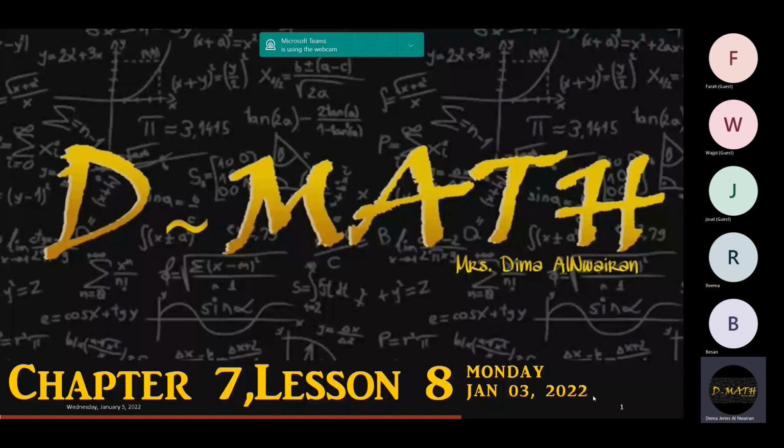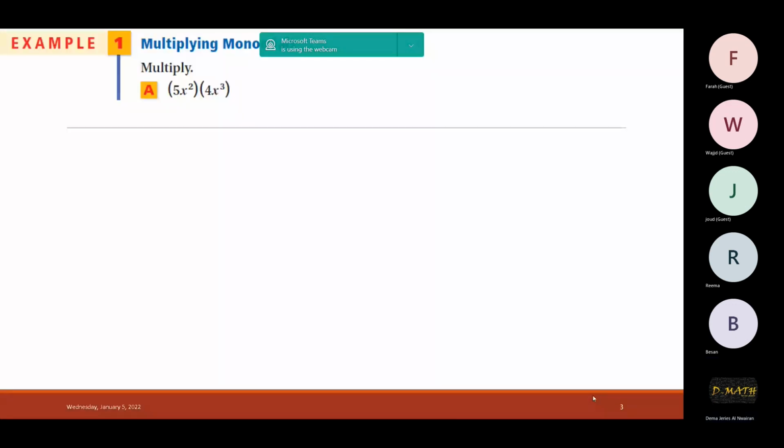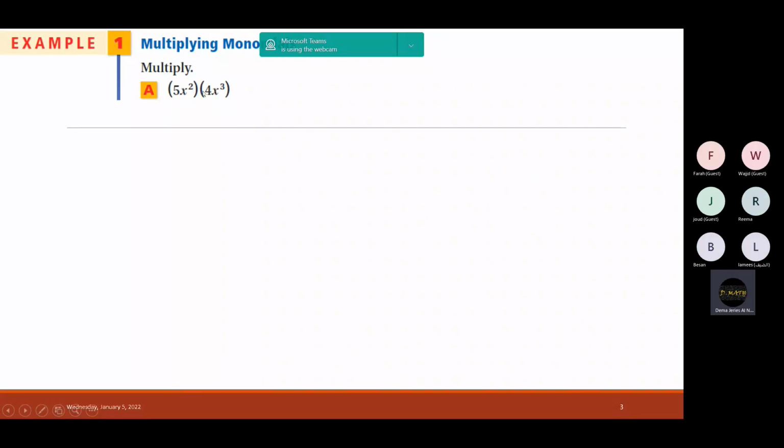When you multiply variables with the same name, whether with the same or different powers, you just add the powers. Like here, 5 times 4 is 20, and x squared times x cubed is x to the power of 5.